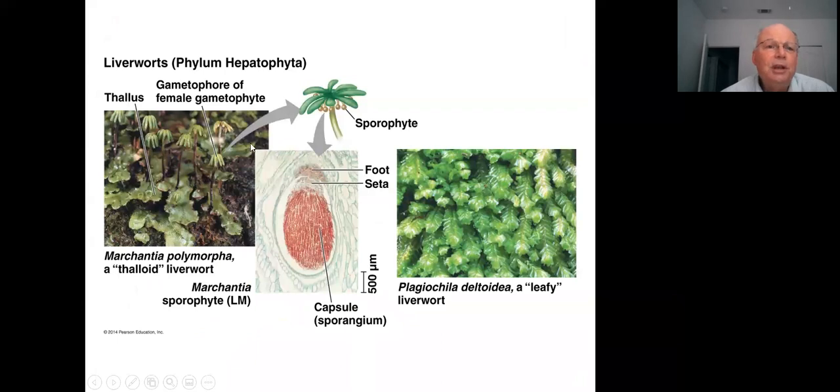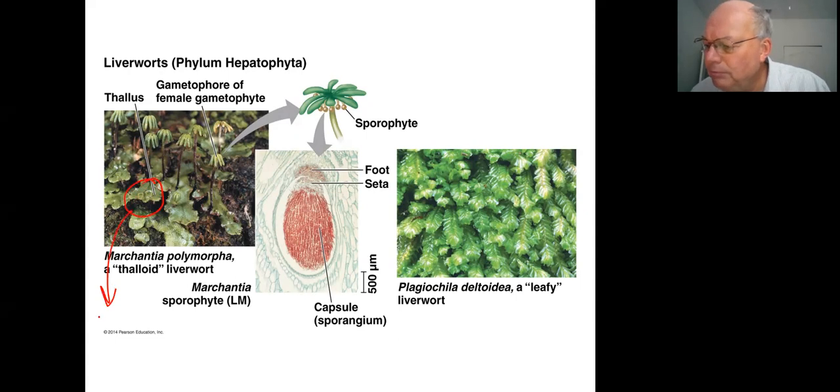And here you can see a typical liverwort, in this case Marchantia, which is considered to be the classic liverwort. If you look really carefully on the leaf of what is known as the thallus of the liverwort, here are some gemmae, or gemma cups.